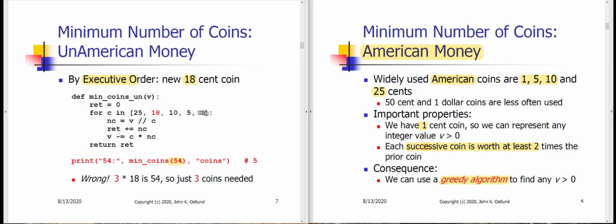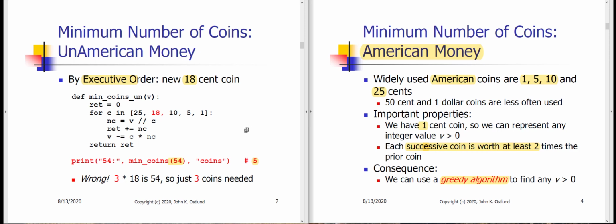And we end up with 4 pennies, giving us a total number of coins of 6. That is, we've got 2 quarters and 4 pennies. Now, there's a typo on this slide. It says 5. I've corrected that in the posted slides, but not in the video. That is, the greedy algorithm tells us that we need 6 coins to get to 54 cents.